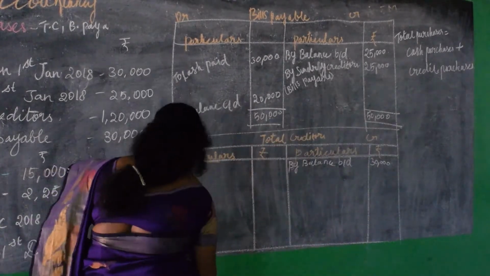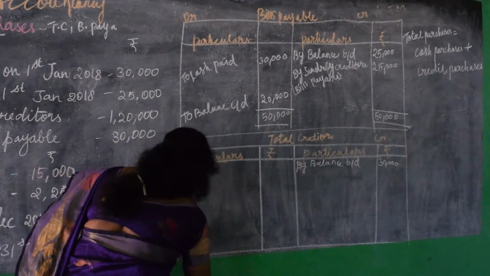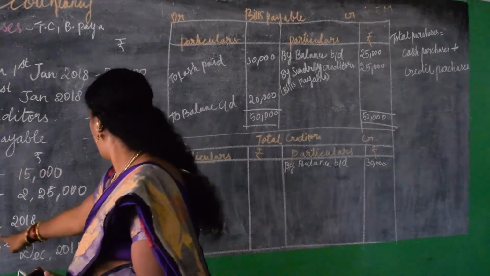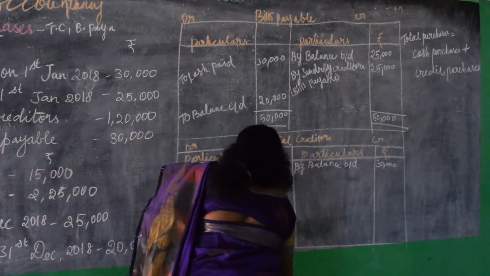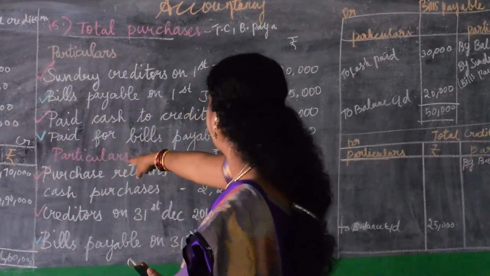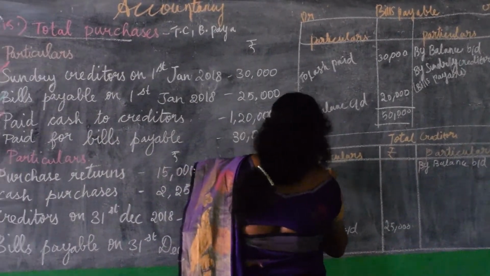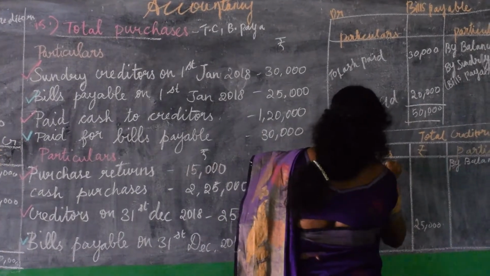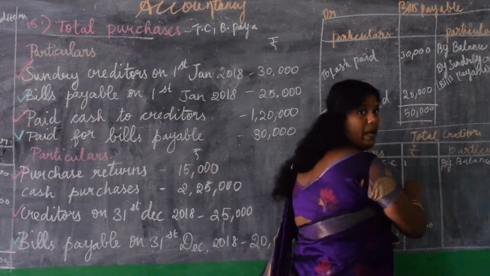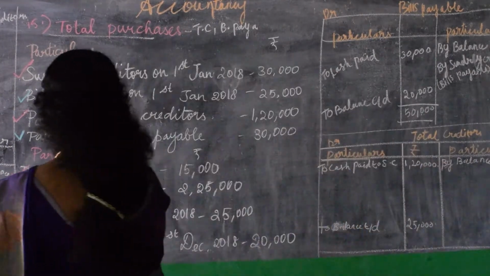Simultaneously you write to closing balance c/d. What is the creditors amount? That is 25,000. What is the next item? Paid cash to creditors, to cash paid. To SC, that is sundry creditors. Cash paid to the sundry creditors is 1,20,000.